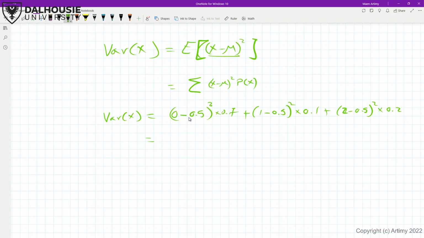So here 0.5 squared is 0.25 multiplied by 0.7. So probably I will just use my calculator here.